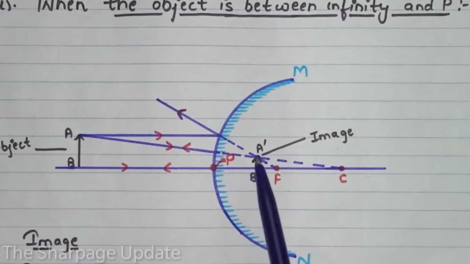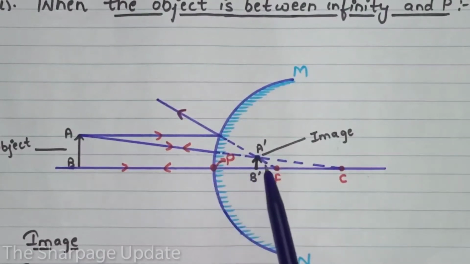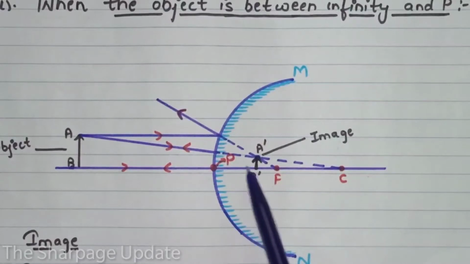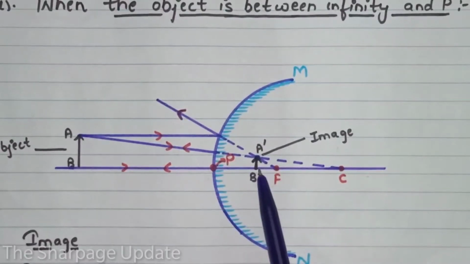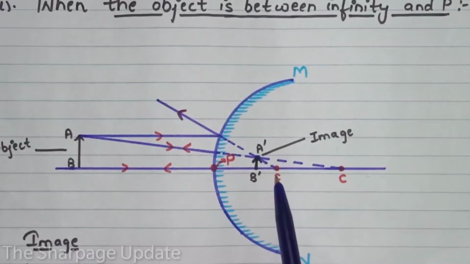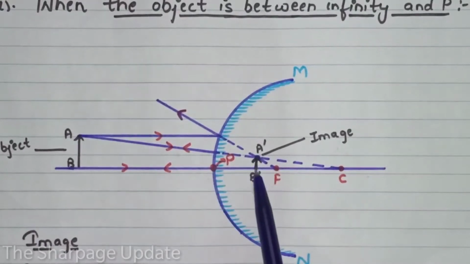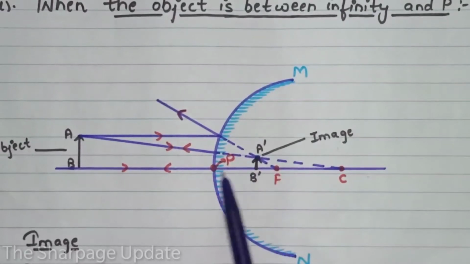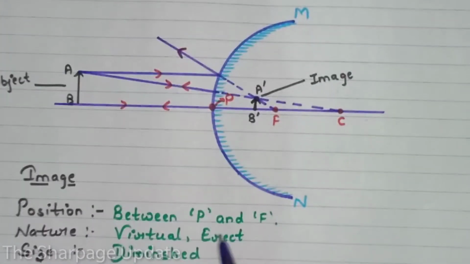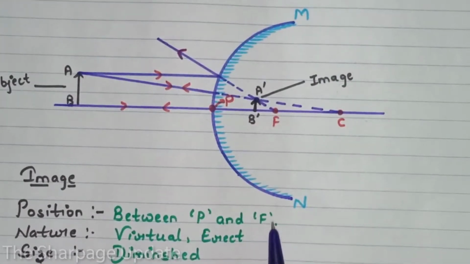The size of the image is smaller than the object. And can you tell me what is the nature of this image? The nature of this image is virtual and erect because it is forming behind the mirror, right? And what is the position? Position is between pole and focus.